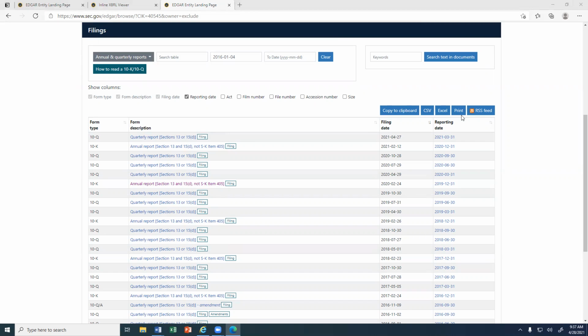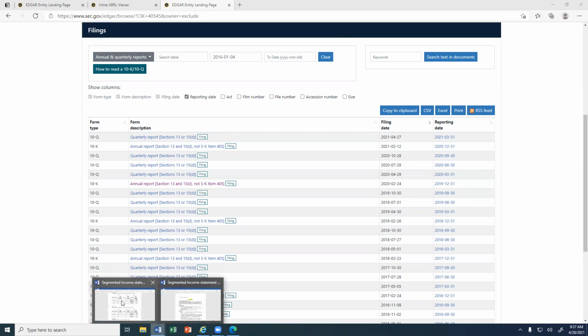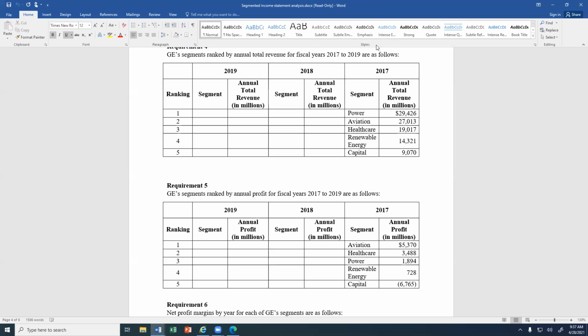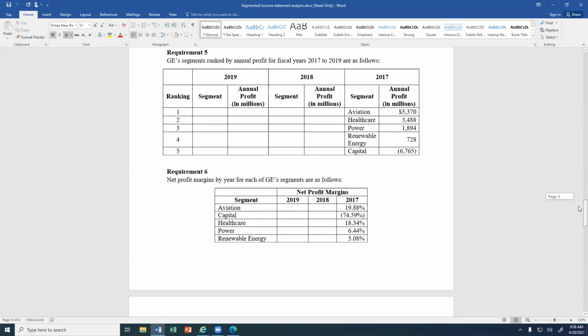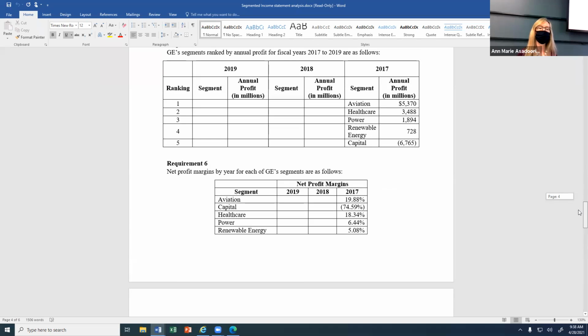Professor, on the document, there are two requirement 6 charts. Are they the same thing? So requirement 6 is looking at the segments.